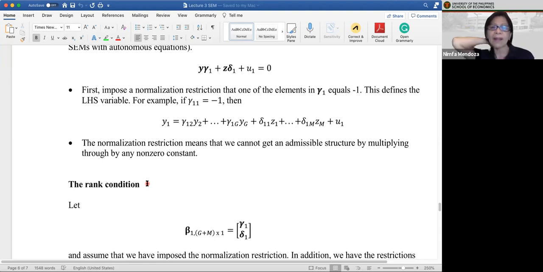I was quite hesitant to go into simultaneous equations, but in some sense it's good because it also reinforces what we had for instrumental variables, which we discussed in the framework of endogeneity.